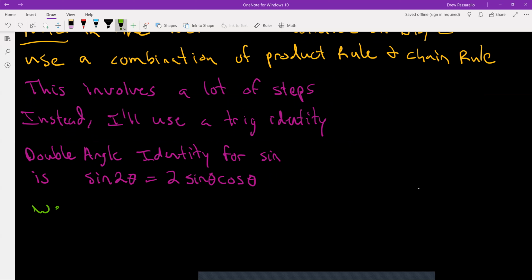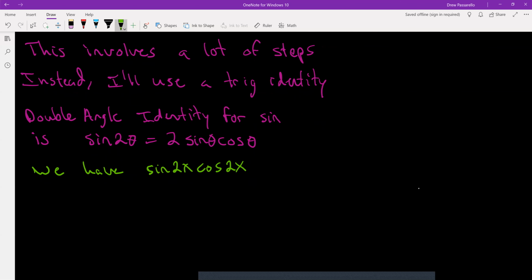So we have sine of 2x cosine 2x. I'm going to do some algebra manipulation. It almost has this structure of 2 sine theta cosine theta, but in this case, theta is 2x, and notice I'm missing a 2 in front of it.